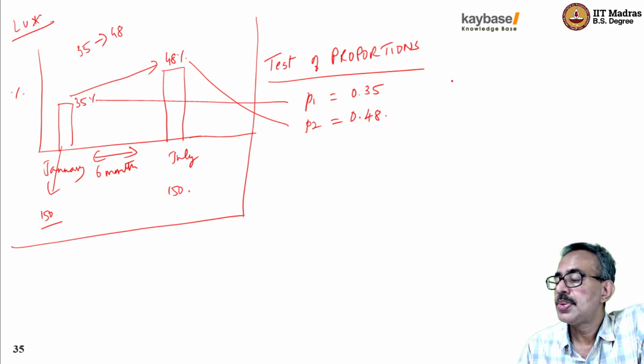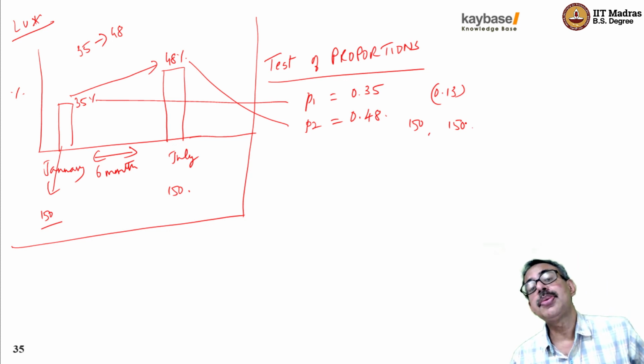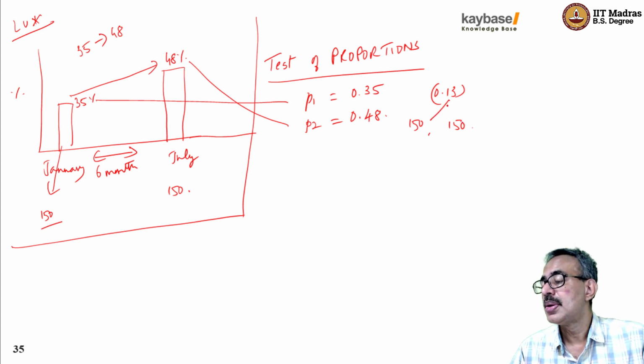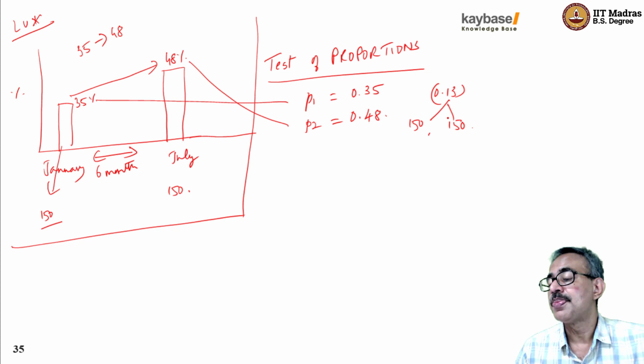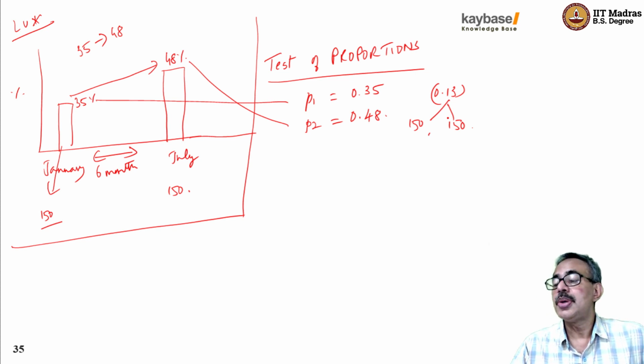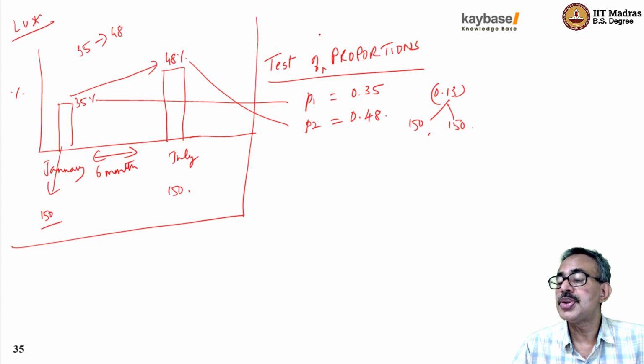Right? So the difference is 0.13, and the sample size involved is 150 and 150. We have to find out whether this difference is significant given the sample size combination. Right? So we have to do a test of difference in proportions.